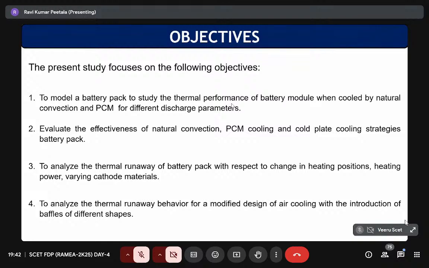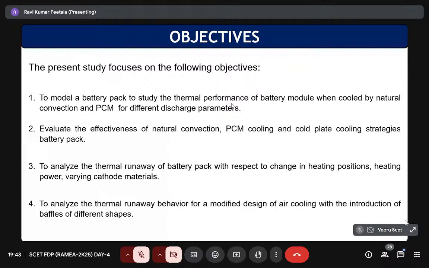Based on those issues, we framed some objectives, in which we develop the models. We develop the battery pack model to study the thermal performance of the battery module, and we use different cooling techniques to maintain the working temperatures. We use natural convection and PCM with different discharge rates like 5C and 6C.